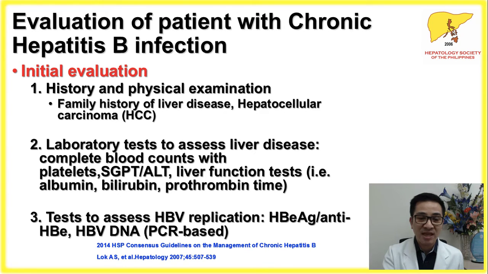Serological markers for hepatitis B virus, particularly HBe antigen, antibody to the HBe antigen, and HBV DNA, in combination with biochemical parameters, which should include serum ALT, and tests for liver function, namely serum albumin, bilirubin, and prothrombin time, should likewise be done. Other clinical evidence of liver disease by liver ultrasound are necessary for identifying the status of hepatitis B infection and assessing the need for and response to treatment.